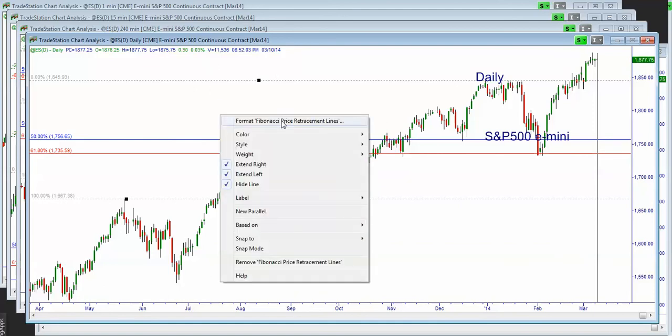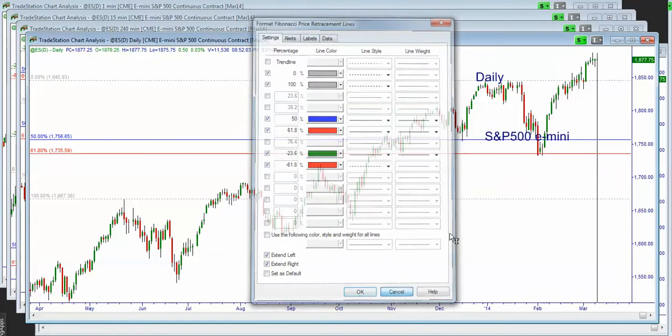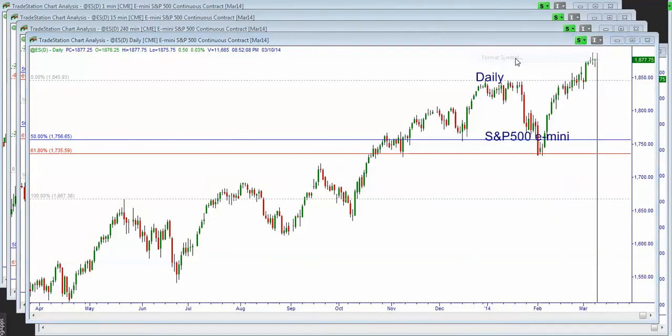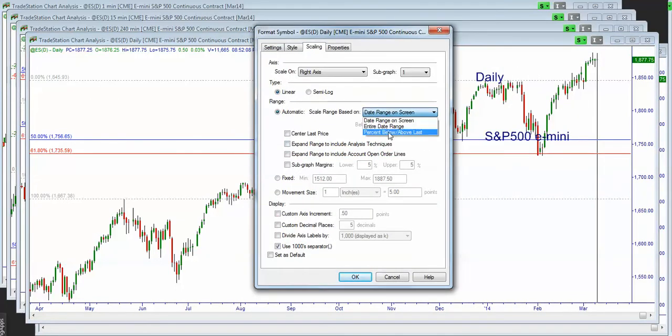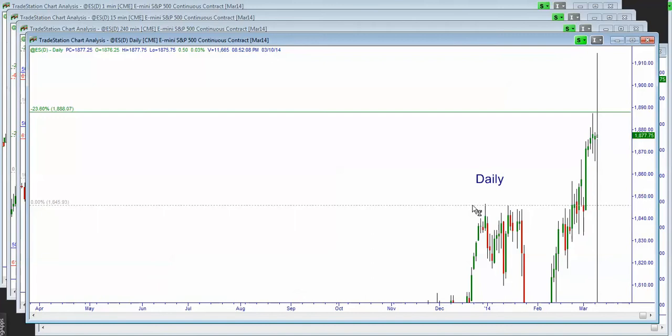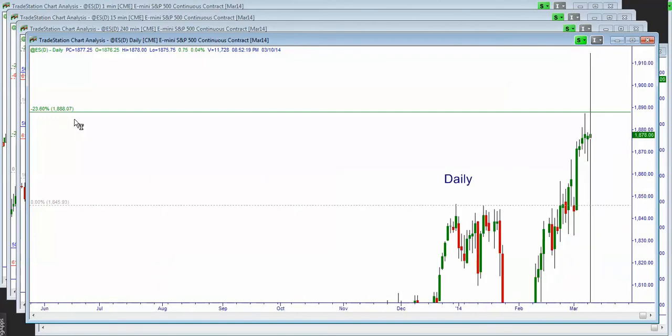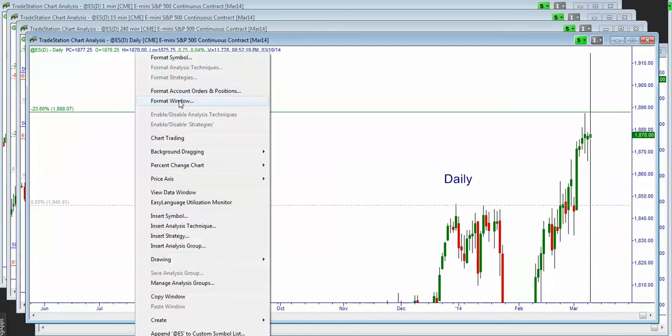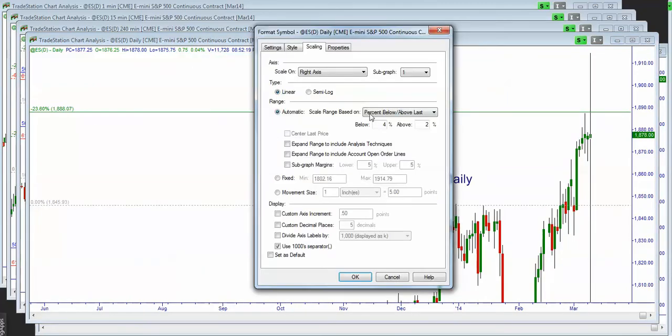And if I change the scale here, I can show you that this extension, basket extension long, has a target above at 1888, and this target was actually hit.